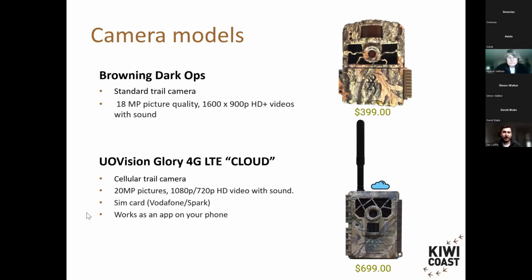The UO Vision Glory Cloud is basically everything this other camera is and more. Working off a cellular cloud network, these cameras work more like a phone that, while dependent on how you've set it up, actually transfers the photos from the field to an app on your phone or to a website for your laptop or PC in either real time or periodic intervals.